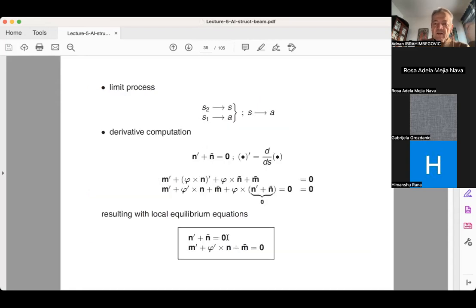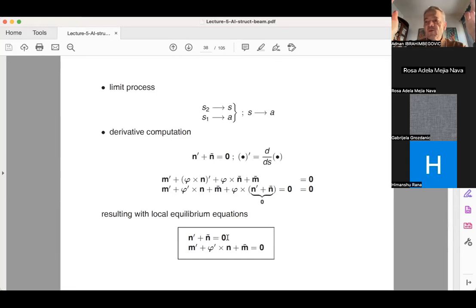So when I take all this, I can make a limit process that S2 goes to S1, and you call this S1 to be some kind of a position that you're looking at, and you get a local expression that's derivative with respect to S of these forces, which typically are axial and two shear forces, plus this limited load n bar has to be equal to 0.